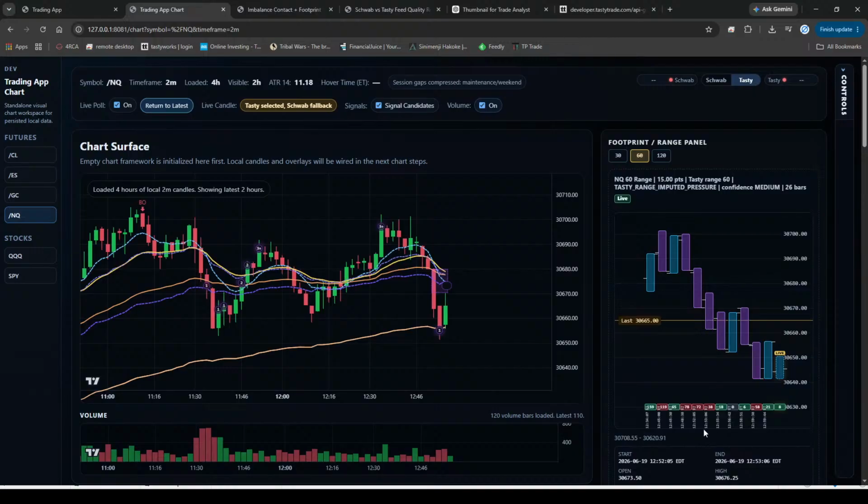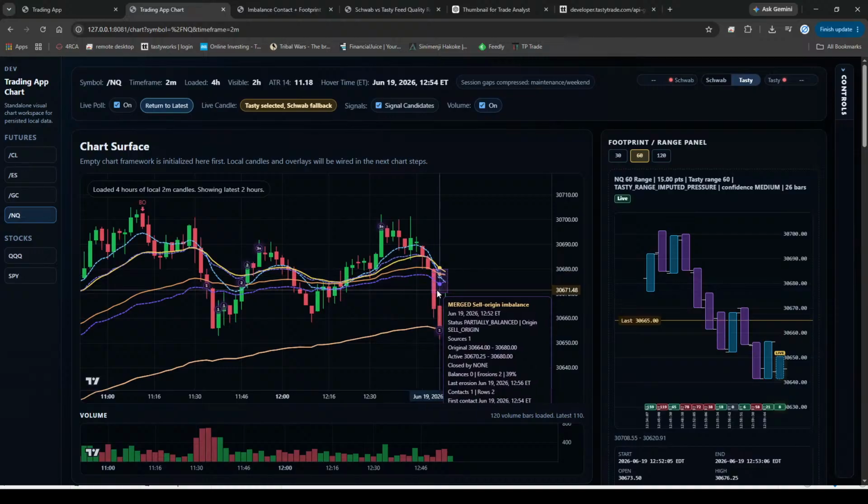And if I look at the times, let's see, it's 12:53. So we're on this candle area. So these falls right here are corresponding with these candles. So we definitely have selling happening within these candles.